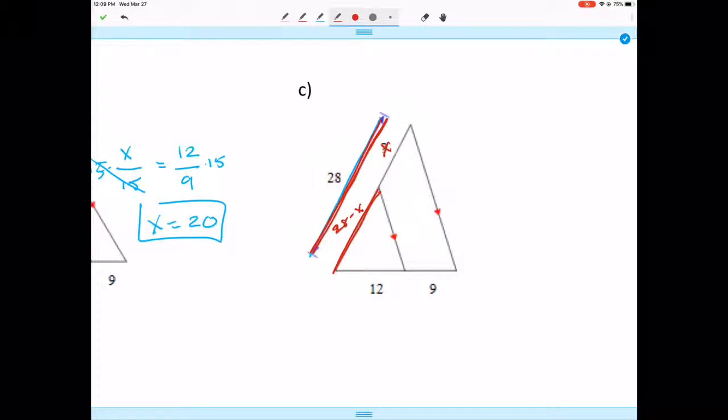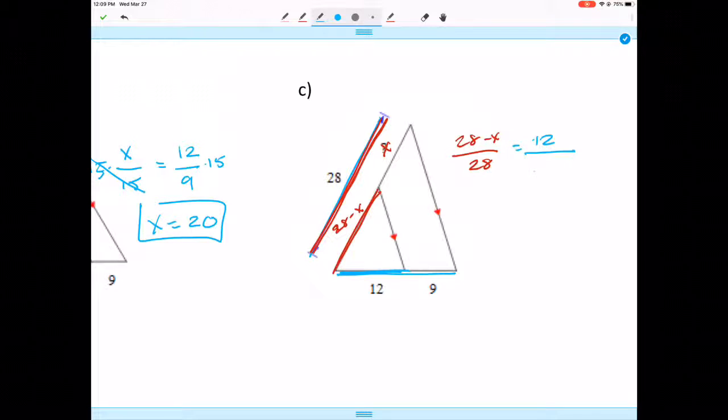All right, so we could do 28 minus x divided by 28, okay? And then we'd want to have the corresponding side. All right, so here the short part would be 12 divided by its whole thing, because that's what we used, which is 21.